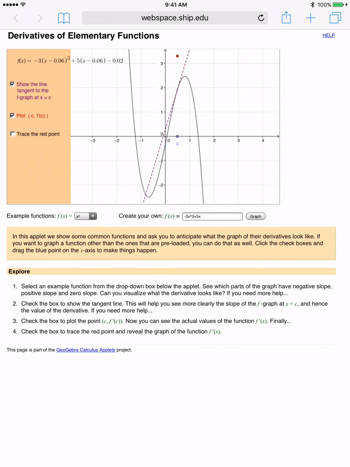You'll see that the point is plotted in red. So you'll play around with moving your c value and seeing what happens to this red point.